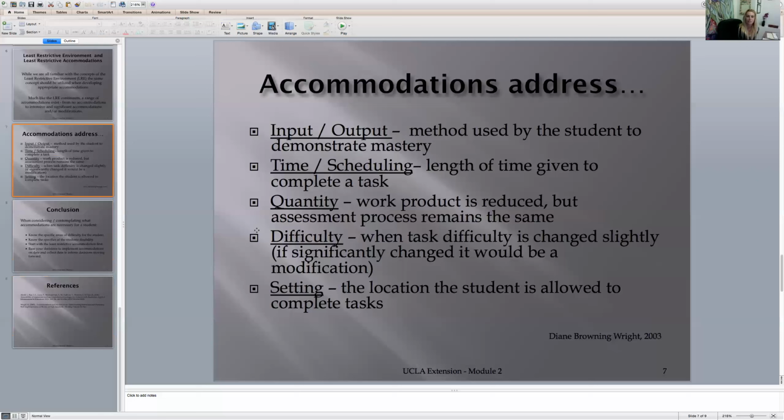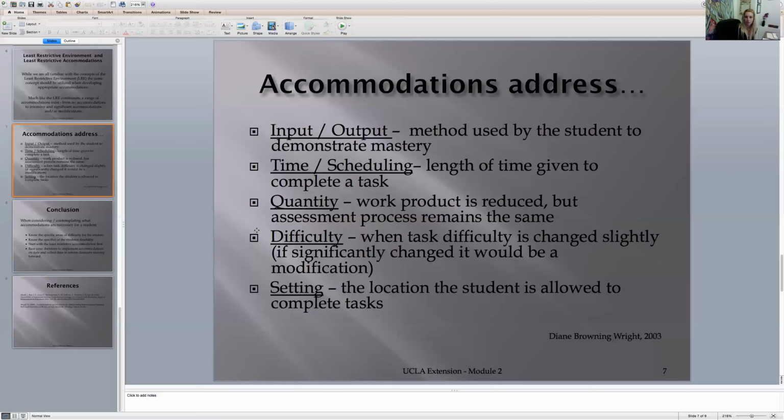However, again, it depends on how much you're altering, how much you're reducing, because that would then enter the area of a modification, which may be appropriate too. Again, you need to look at each student's IEP to determine what that student is supposed to receive in terms of support. Difficulty. So for example, if task difficulty is changed slightly but not significantly, that too is a very common accommodation.